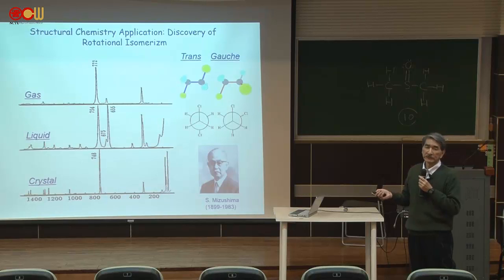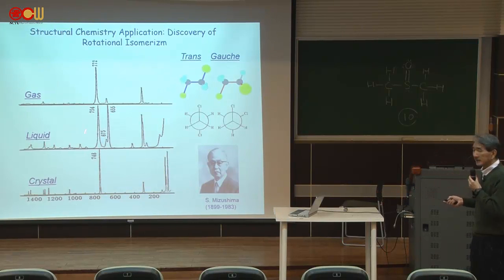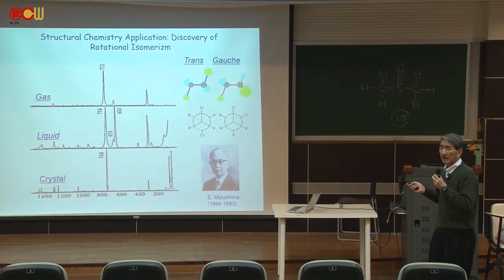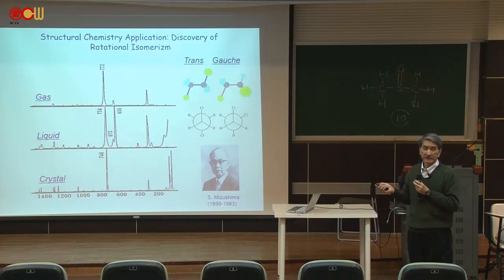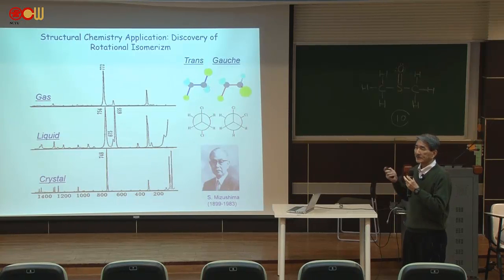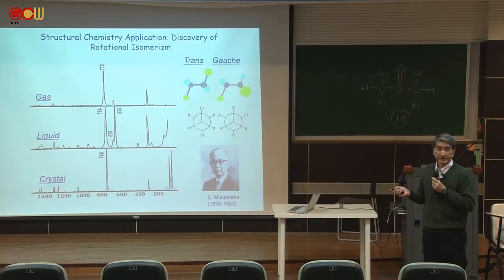Then they did a lot of experiments to find out that in the liquid phase, 1,2-dichloroethane exists in both the trans and gauche forms in equilibrium. So you have 2 bands like that, trans and gauche form. But if you go to the crystalline state, because of the packing of the molecules, only the trans form exists.